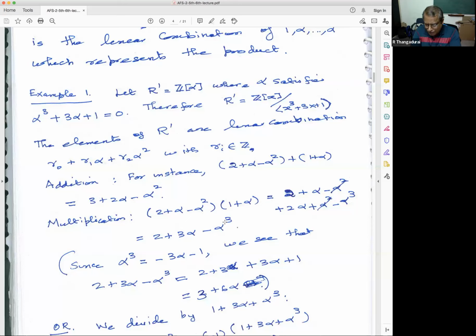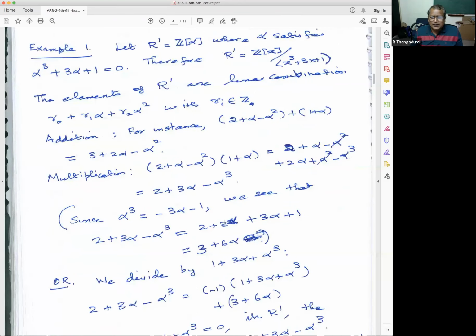We look at the polynomial ring Z[x] modulo the ideal generated by x cube plus 3x plus 1. Since we are quotienting by a polynomial of degree 3, every element of R prime is a linear combination of 1, alpha, alpha square, by the previous proposition, that is r0 plus r1 alpha plus r2 alpha square.